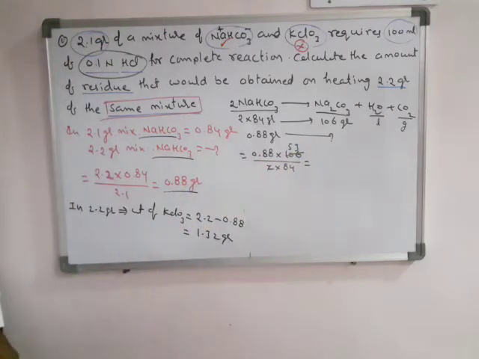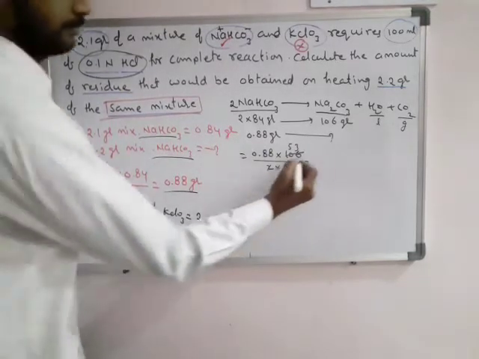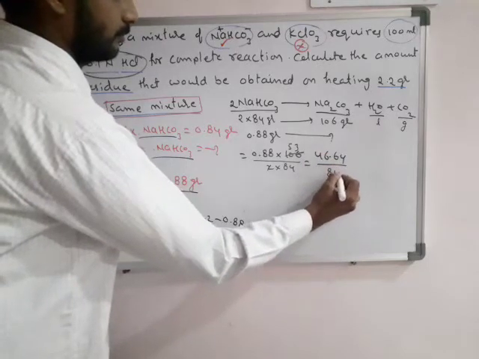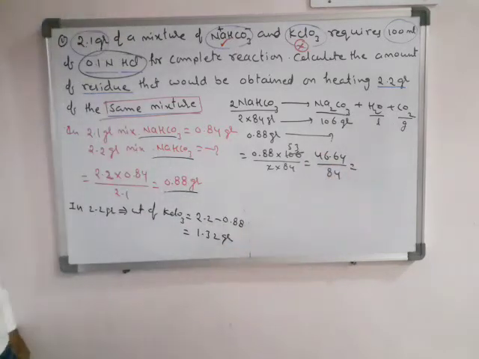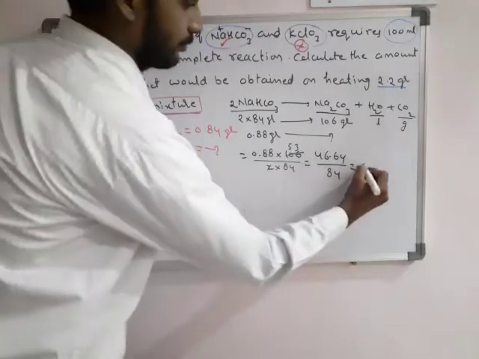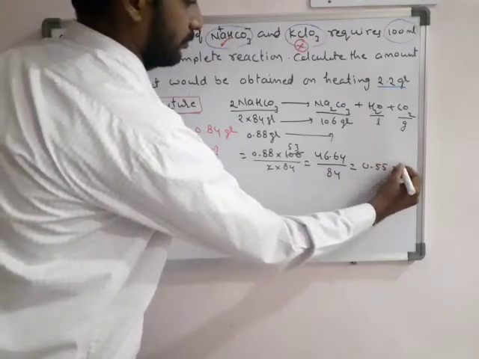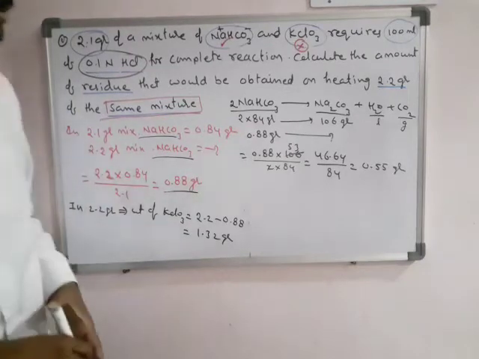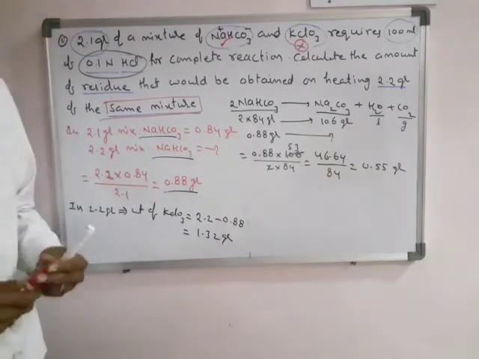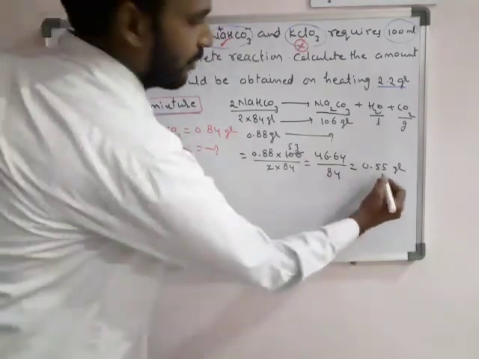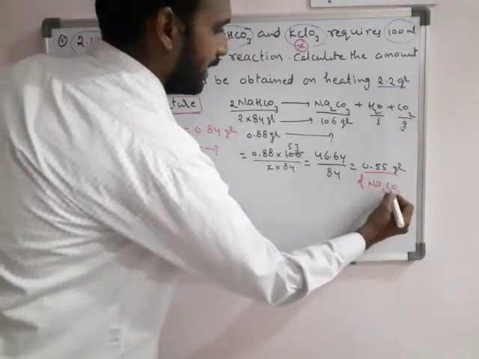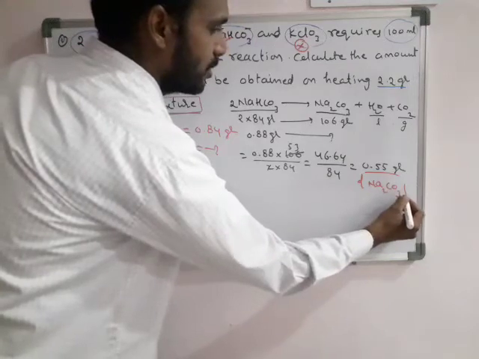Here approximately the calculation we will get, and finally we will get 0.55 gram. This is 0.55 grams of which compound? Na2CO3. This is the residue.